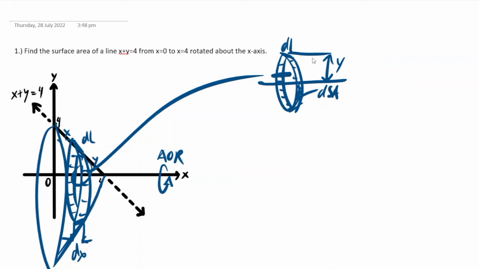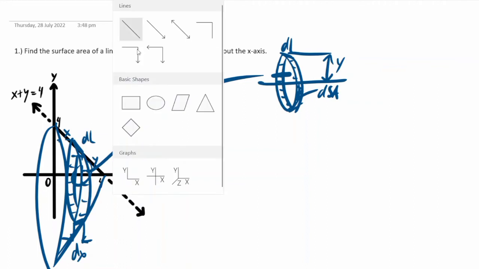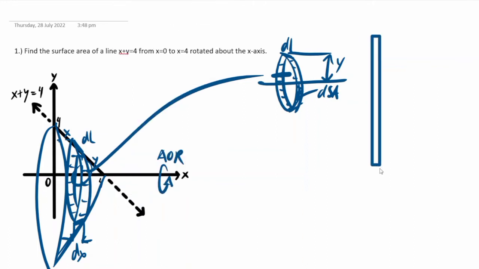So cut this off, just like before. We will make a rectangular strip, just like this, and this is our DL and the 2 pi y, and this shaded area is our DS, differential surface area.